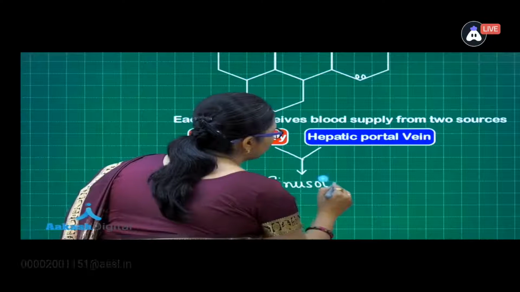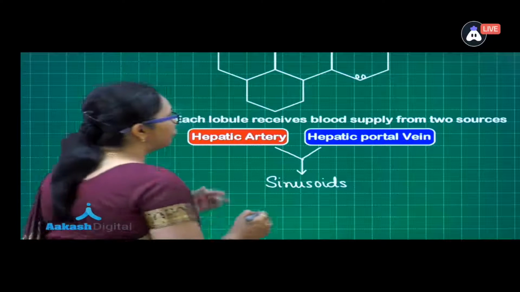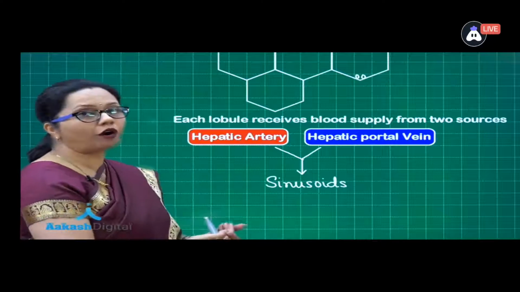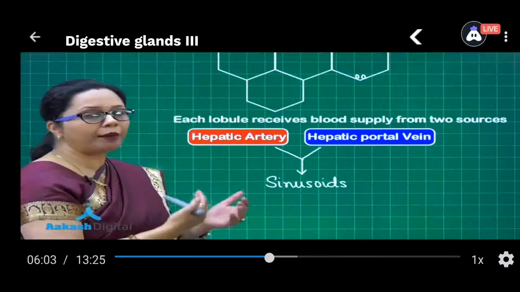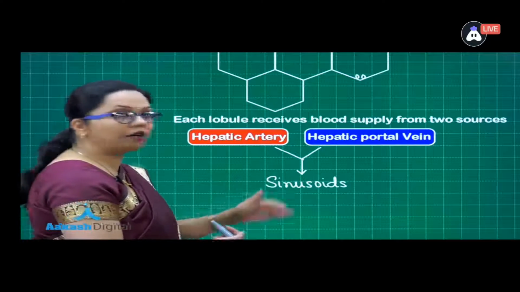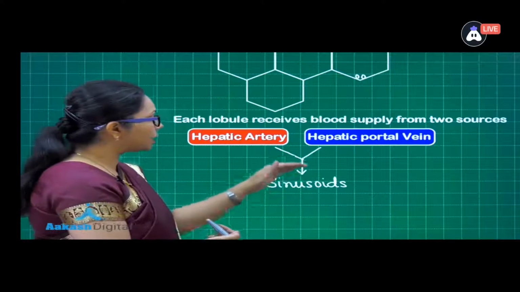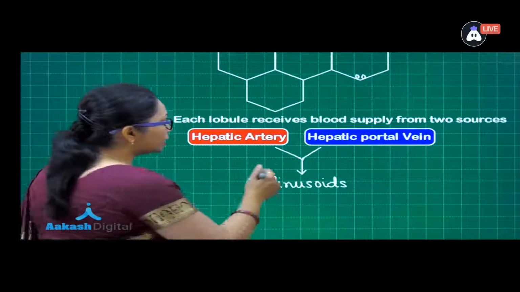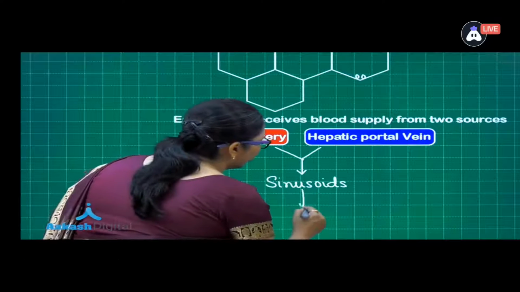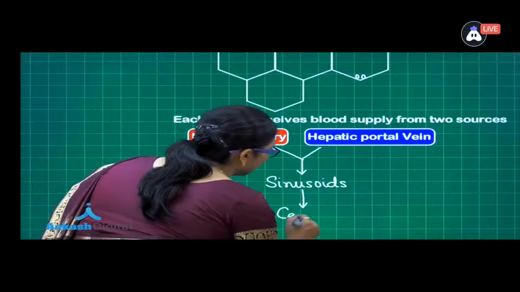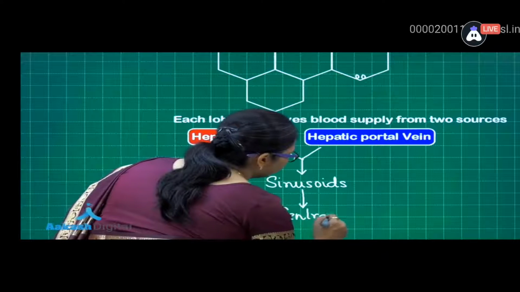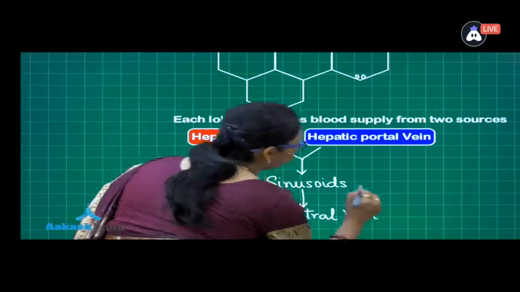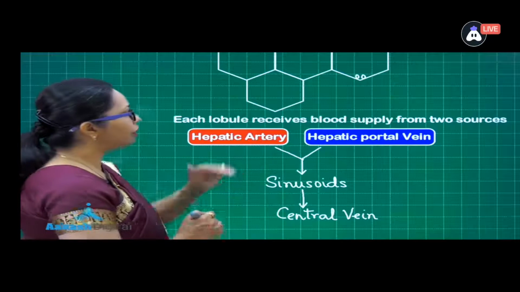Now, sinusoids are very similar to capillaries, but the only difference is that their endothelium, that is the single layer of simple squamous epithelium that the capillaries have, is incomplete. As a result, sinusoids are more permeable than capillaries, and these sinusoids then ultimately open into a vein called the central vein. So, this is how the entire circulation can be seen within the hepatic lobule.